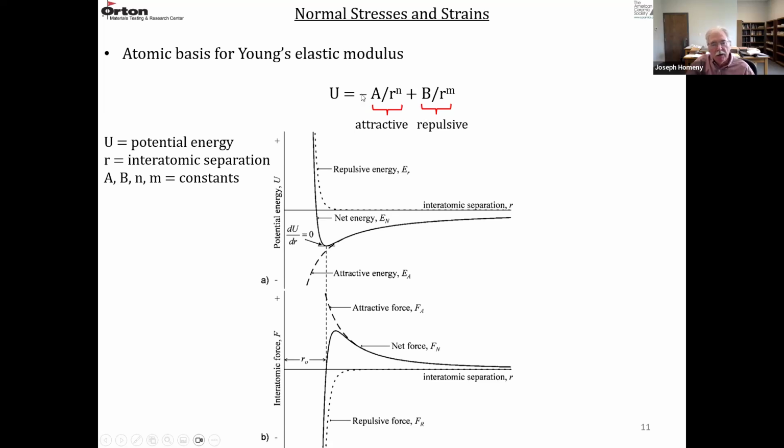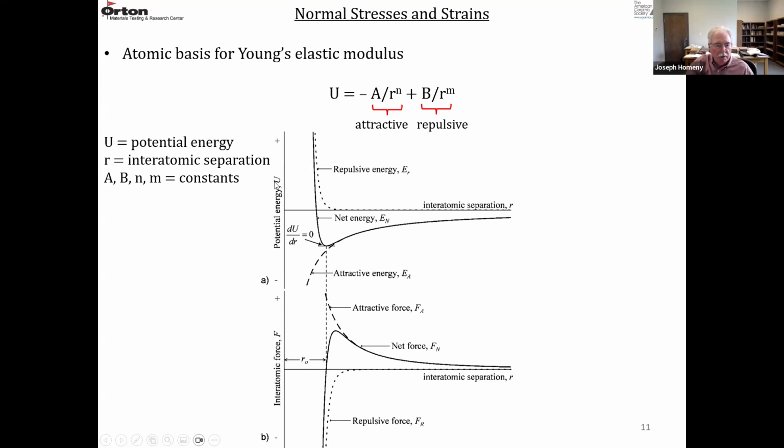So the potential energy equals minus a constant A divided by the interatomic separation R to some power N, plus another term B, a constant divided by the interatomic separation R to the M power. So the first term is the attractive term, attracting the atoms. And when the atoms get too close together, they start repelling. So you have to take that into account with the repulsive term.